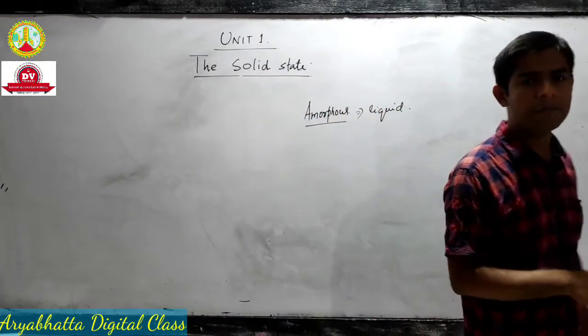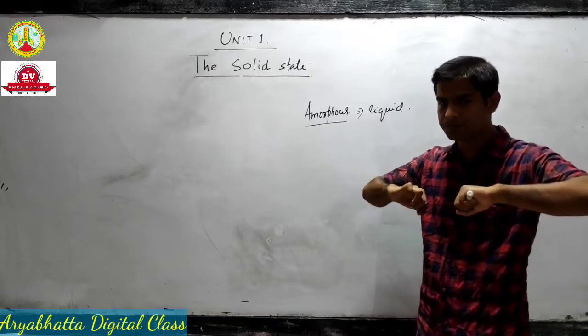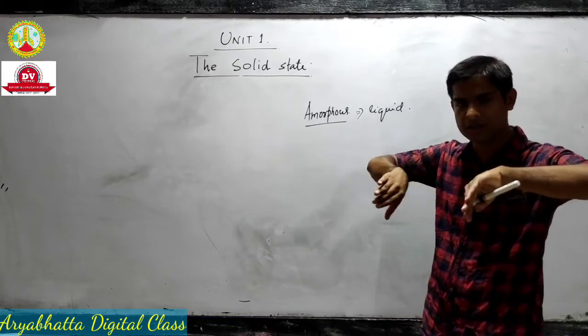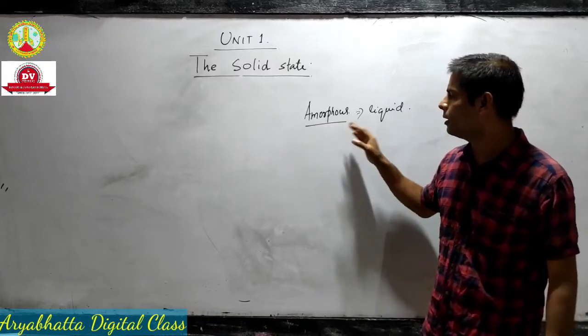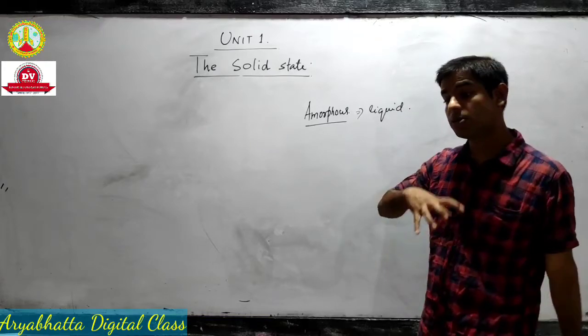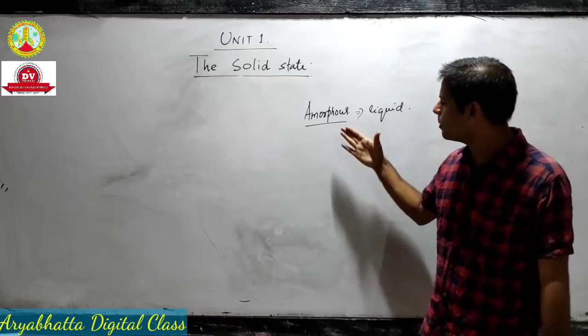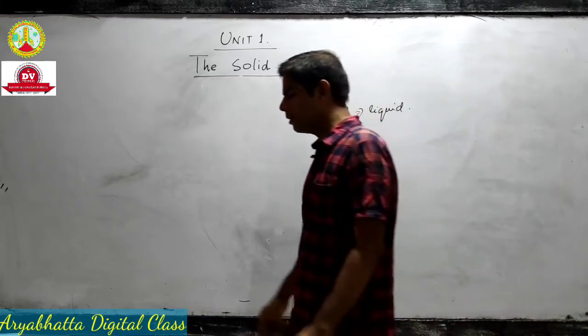What is the difference? In liquids, the intermolecular distance is comparatively more than in an amorphous solid, but I am not talking about the intermolecular distance, I am talking about the arrangement pattern. The arrangement pattern in amorphous solids and liquids is somewhat similar.